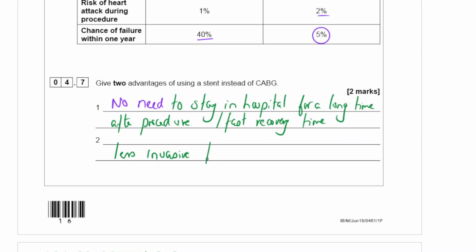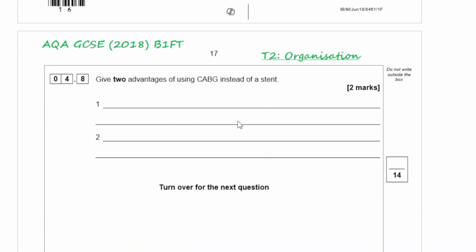Or you could say less risk of heart attack during procedure. If I'm trying to sell this, I would say there's a 50% less chance of having a heart failure, or you'd say you only have 1% chance compared to the open heart surgery.